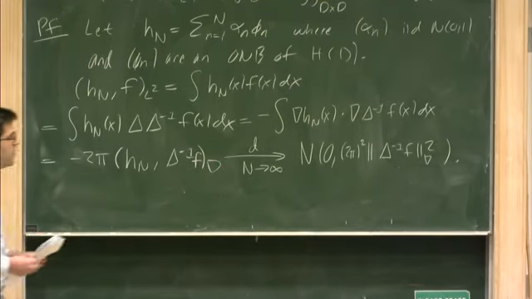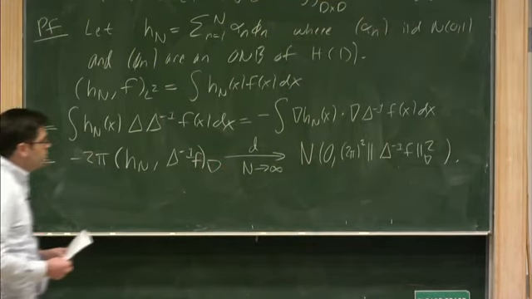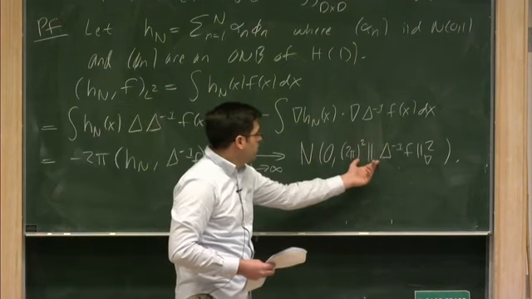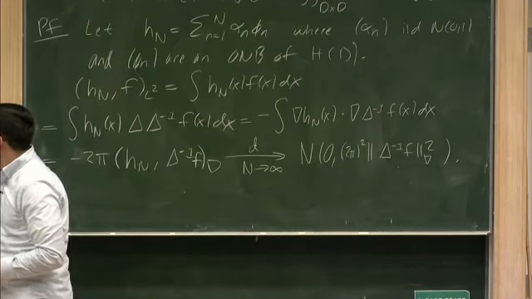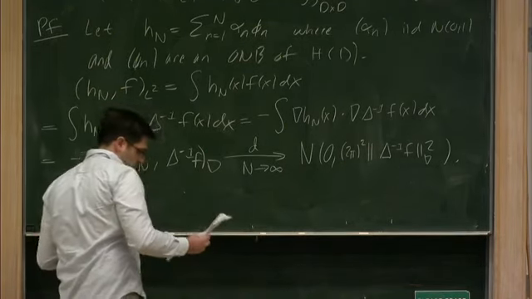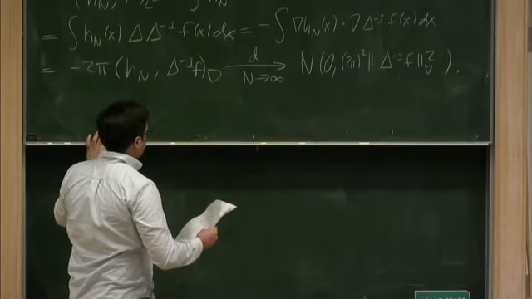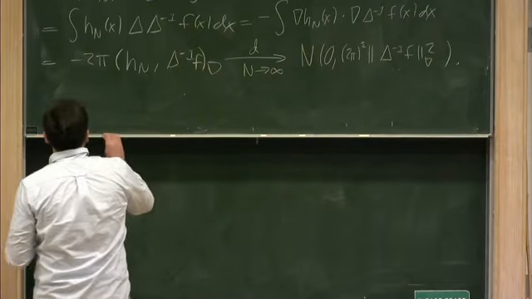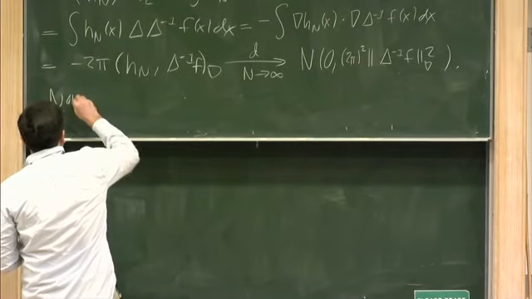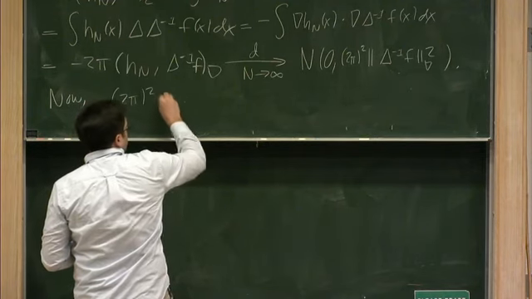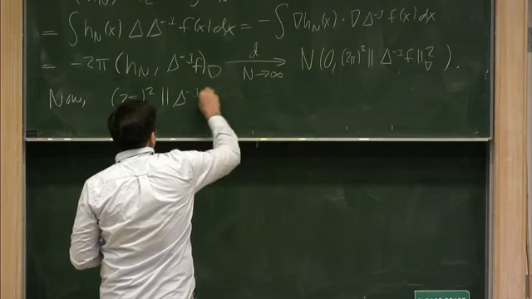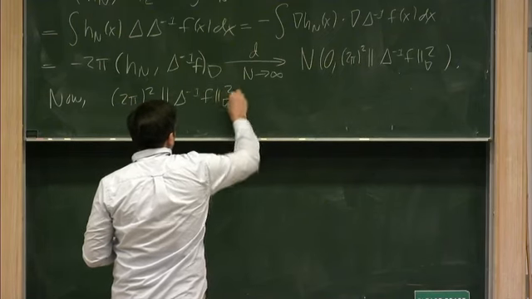What we're going to do now is one more calculation, which will convert this formula for the variance into the one that I wrote over there. So let's just do that. We have 2 pi squared times the norm of the inverse Laplacian of f.